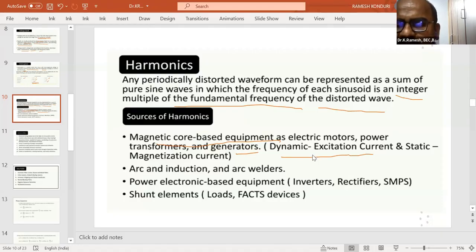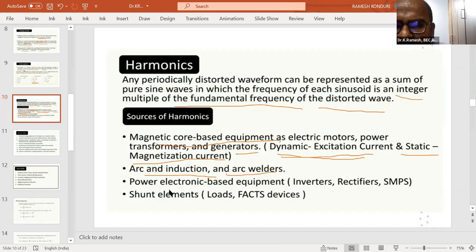This will give more flux. Due to this excitation, the flux will be generated, and at some point it becomes nonlinear, which leads to the generation of harmonics. We can see that with the help of the static magnetization current curve. Next, we have induction and arc welders, which are also sources of harmonics.